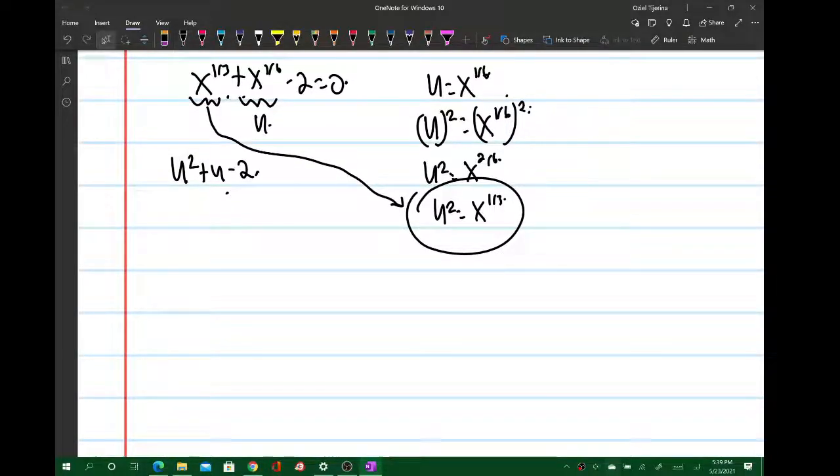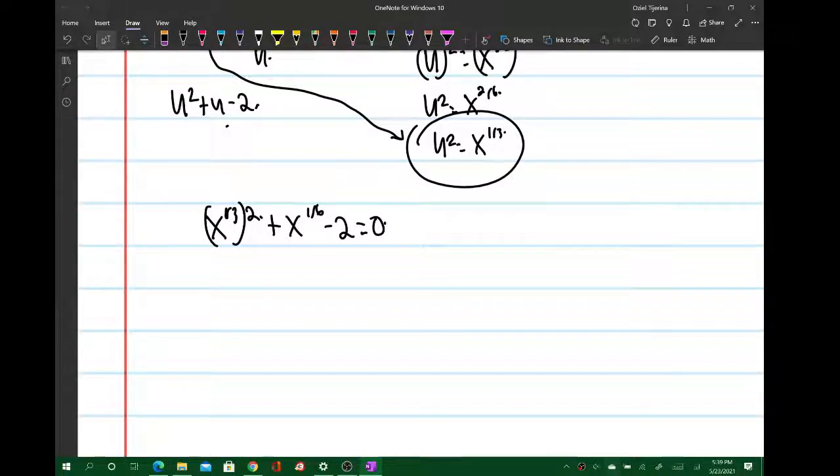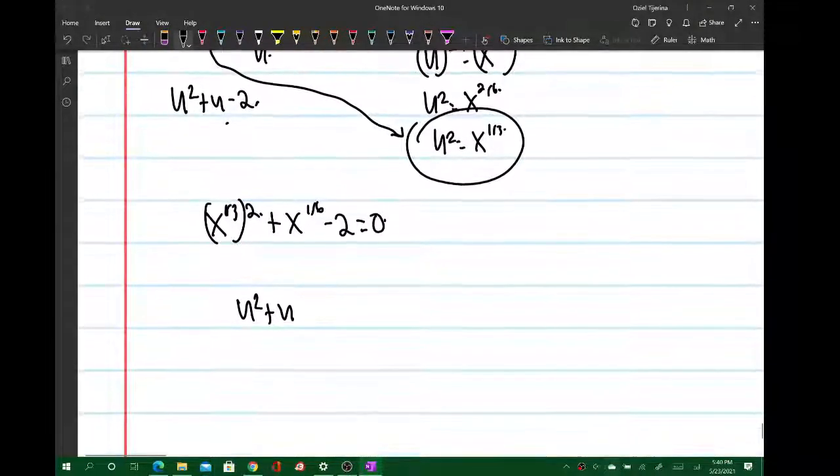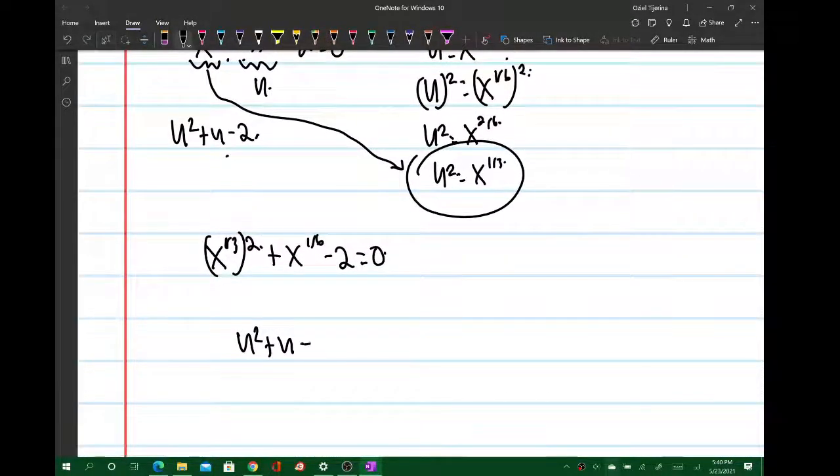So that means we're going to have the following. x to the 1/3 quantity squared plus x to the 1/6 minus 2 equals 0. Now, u is equal to x to the 1/6, so we have u squared plus u minus 2 equals 0, right?